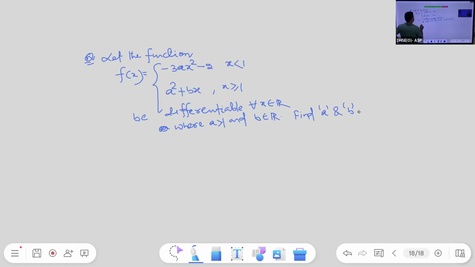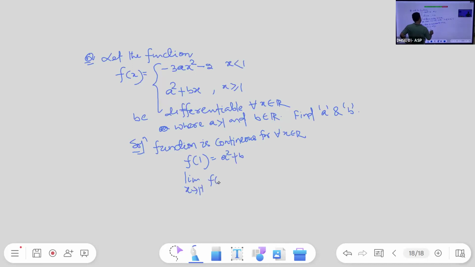So the left hand limit will be minus 3. First, the function is continuous for all x belongs to R. So f of 1 is equal to a square plus b, limit x extending to 1 plus f of x is equal to a square plus b, limit x extending to 1 minus f of x is equal to limit x extending to 1 minus 3ax square minus 2.